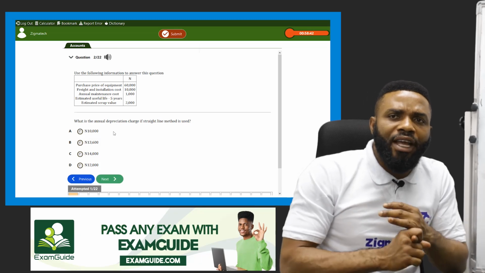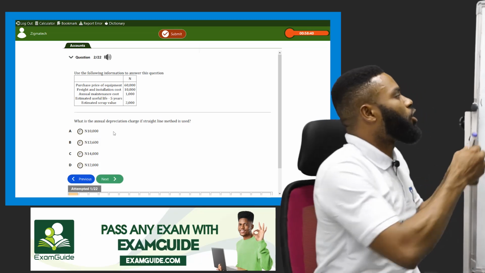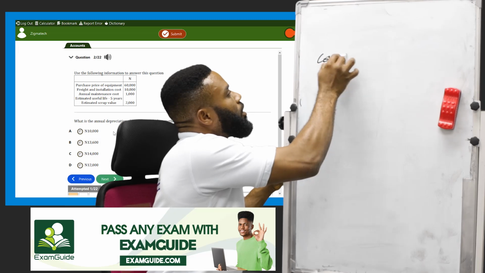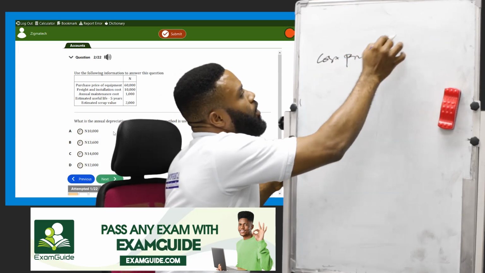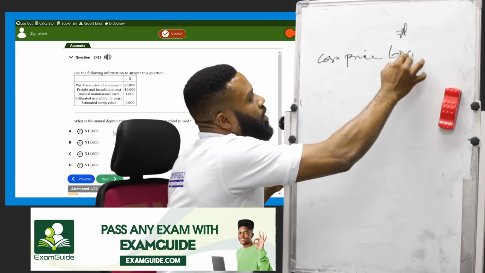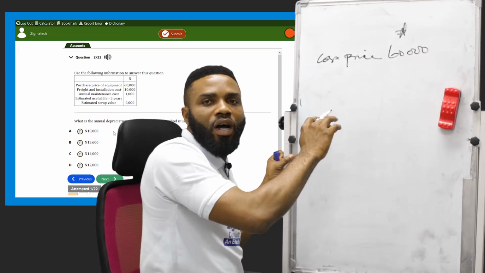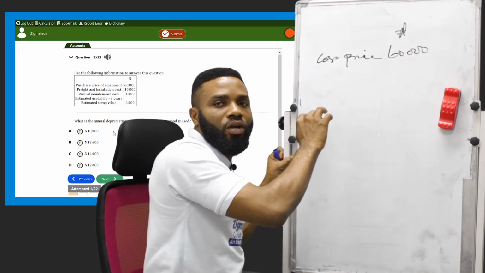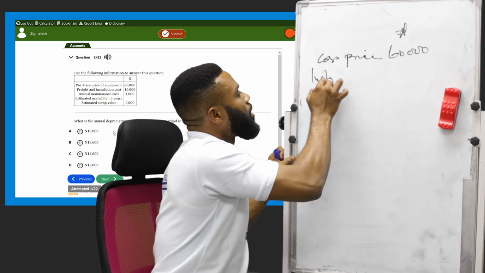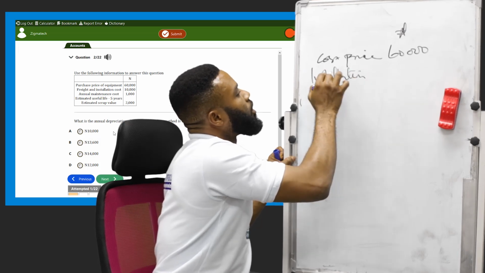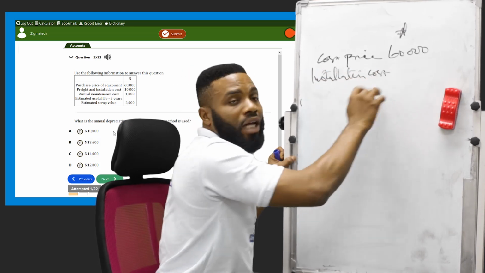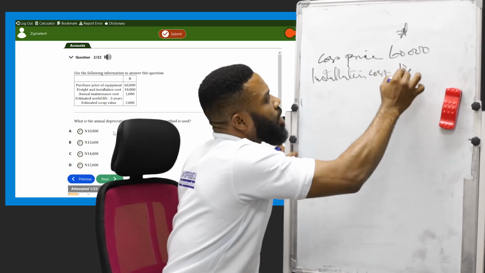The cost price of the equipment is 60,000. And then the next one is the freight and installation. Let's just take it installation. Installation cost is how much? Is 10,000.